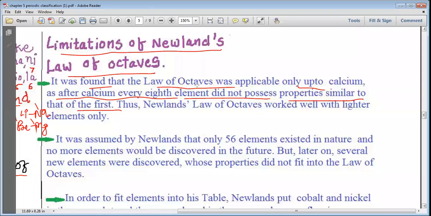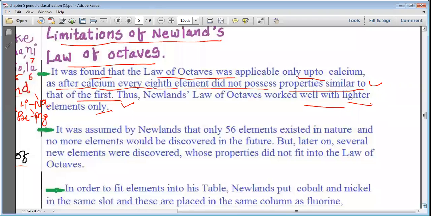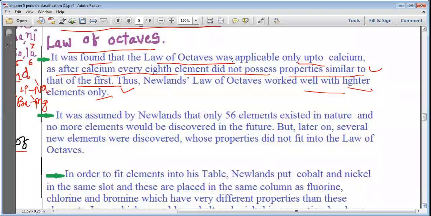Thus, Newland's law of octave worked well only for the lighter elements. So this is the first limitation, that Newland's law of octave was applicable up to the first 20 elements or lighter elements. After 20 elements, it does not actually work.